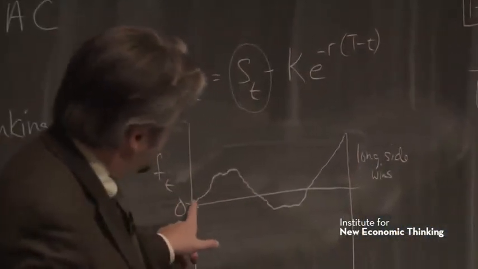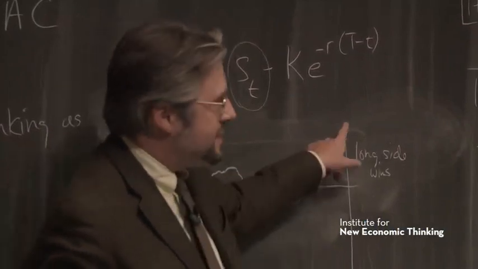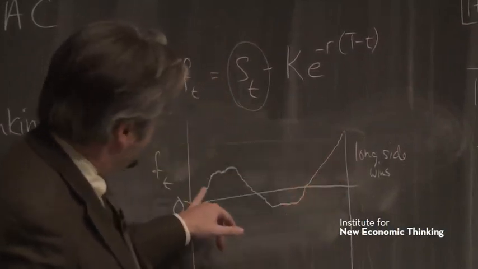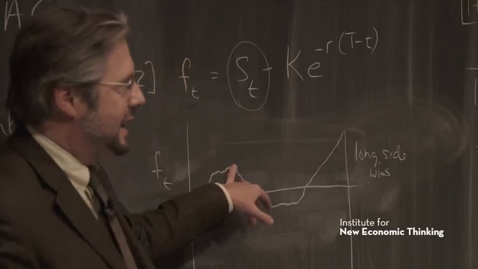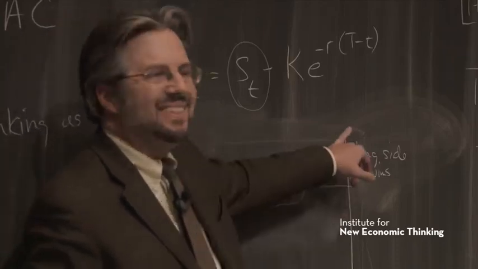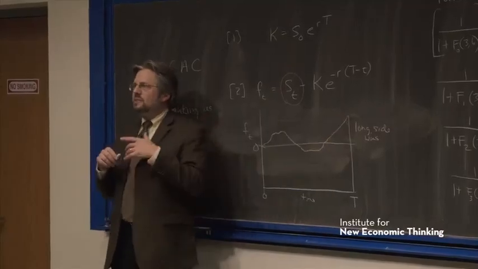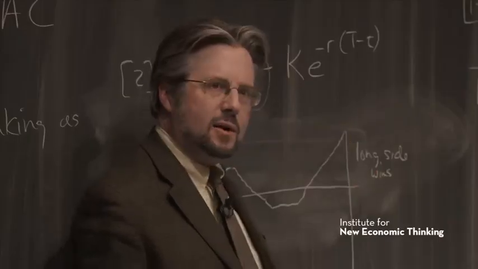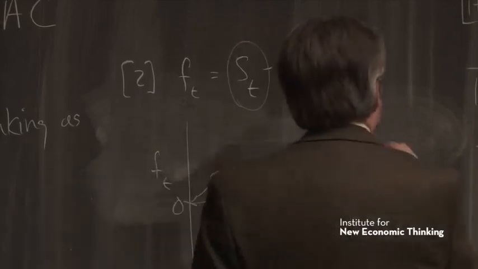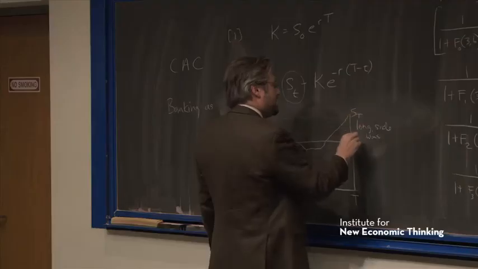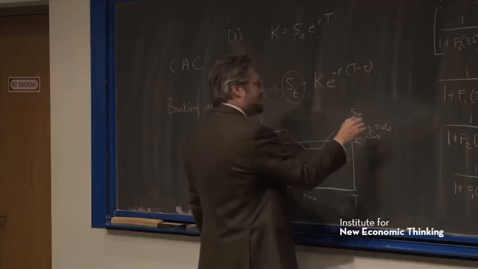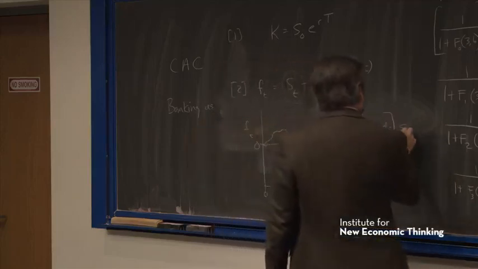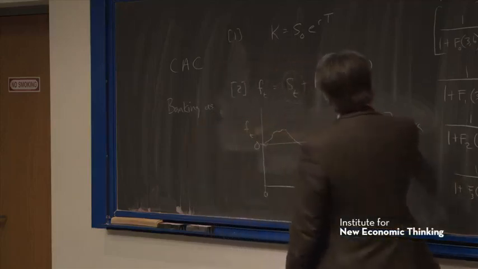I'm showing here fluctuations over the life of the forward, where sometimes the long side is ahead, sometimes the short side is ahead, but at the end the long side is ahead. But there's no cash flows until here. Here at the end, what happens is that this is S_T minus K, right?